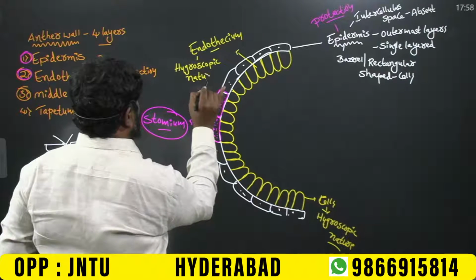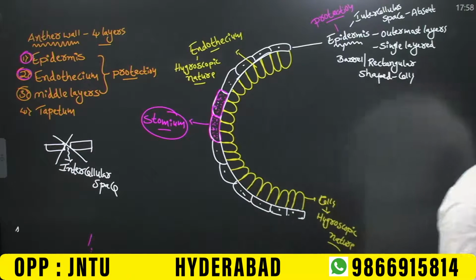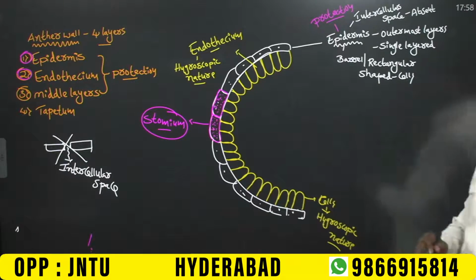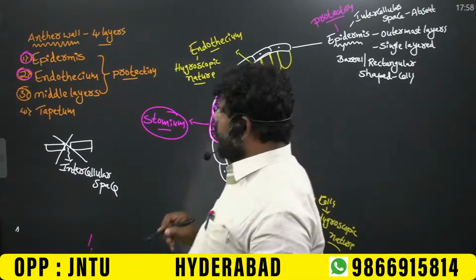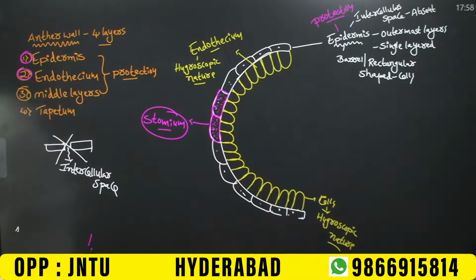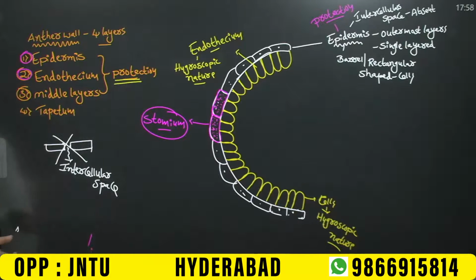Hygroscopic nature means they are capable of absorbing moisture from the air or surrounding. That's why cells with hygroscopic nature are present in the endothecium. And this endothecium also participates in protection along with the epidermis.